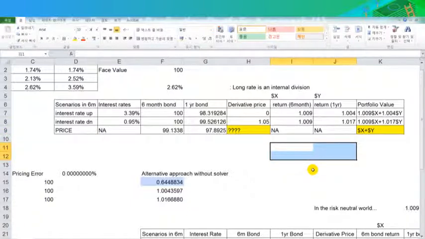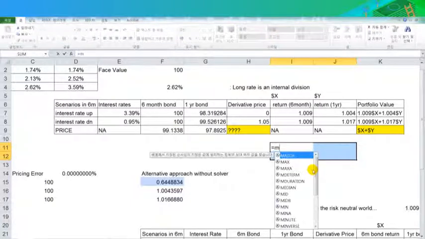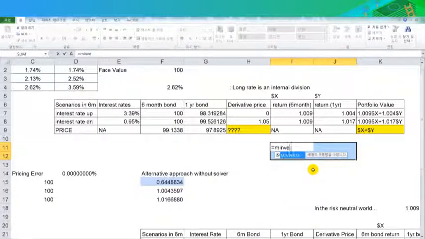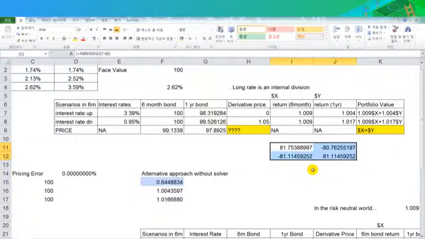In matrix inverse, you can select these four cells. And this is important: in order to get the inverse matrix, you press Control, Shift, and then Enter. Then you will get the inverse matrix like this.